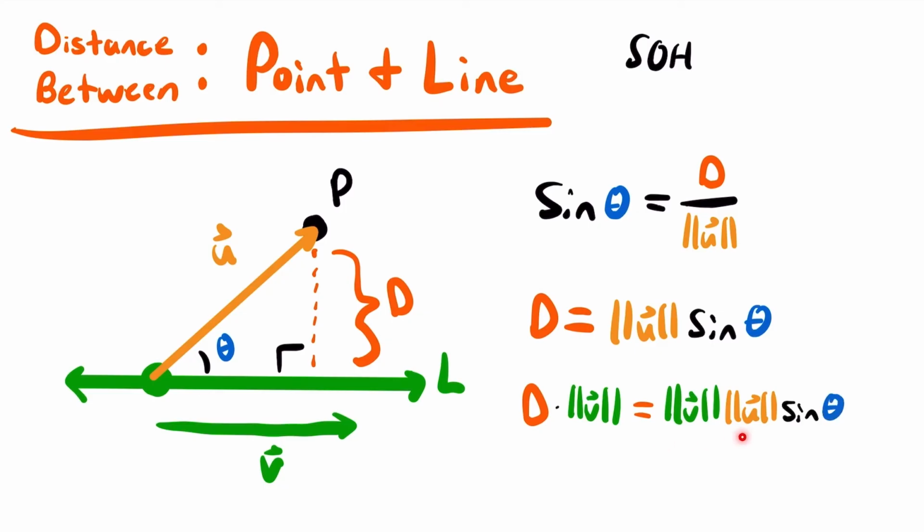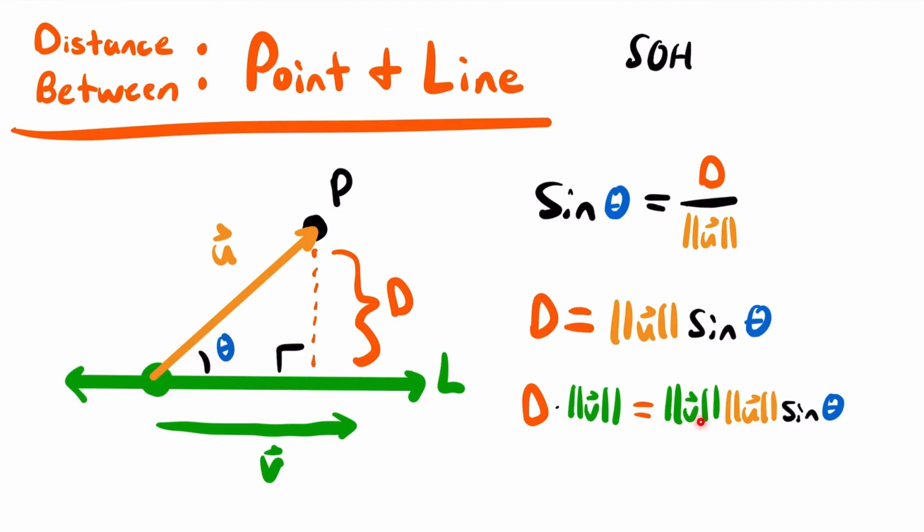And now we have something that we can rewrite. Do you recognize this expression right here? The magnitude of a vector times the magnitude of another vector times sine of the angle between those two vectors, right? These two vectors are here, and so theta would be the angle between them.